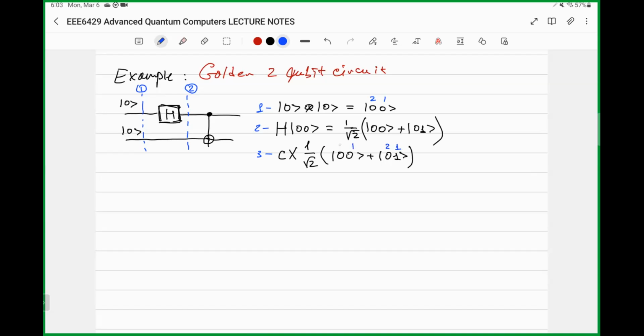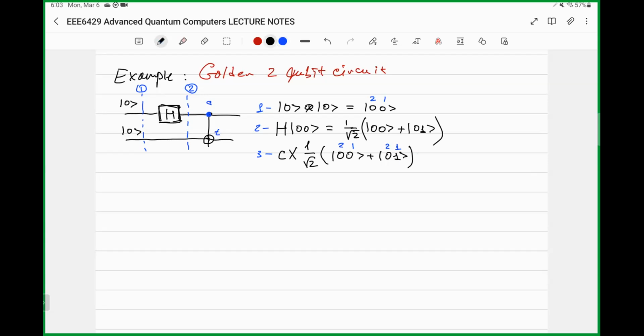Next, we notice that this control node is connected to the first qubit, so this is the control qubit, and the target is the second one.